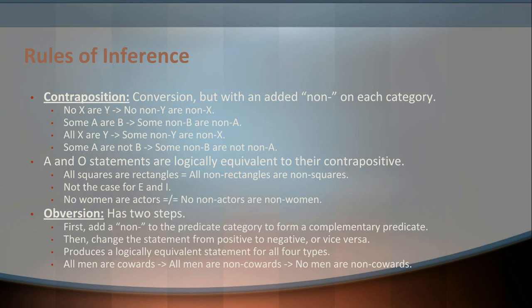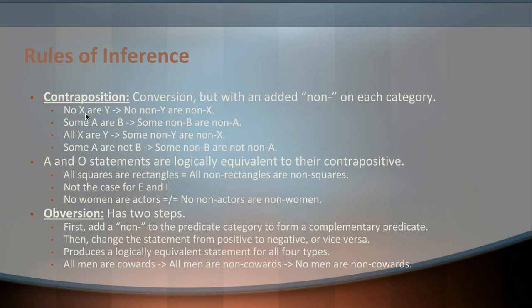So, for example, if we're working with the statement no x are y, which is an E statement, one of the universal negatives, to form the contrapositive of this statement, we flip the two terms around. So we have y and x in a different order now, and we slap a non onto each one of those.